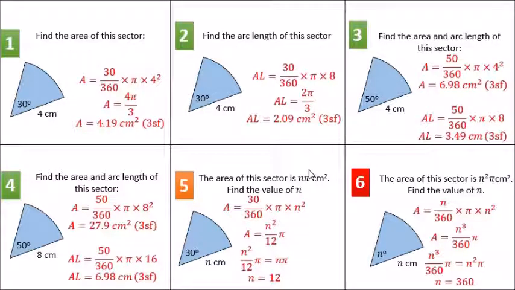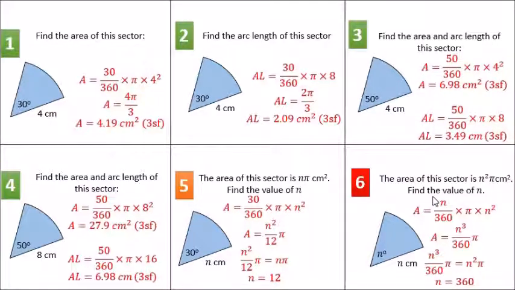Now, we're also told that the area is n pi. So n squared over 12 pi should equal n pi. I can divide both sides of this equation by pi to get n squared over 12 is equal to n. I can then multiply both sides by 12 to get n squared equals 12n, and then divide by n to get n equals 12.